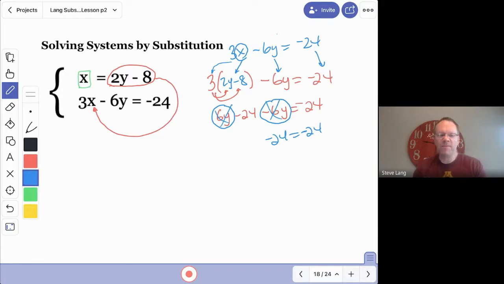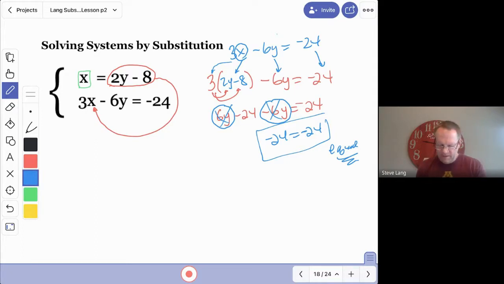Does anybody remember? What's the answer when you get something at the end like that? You could type it in the chat if you want. What's the solution to this? Anybody remember? What happens if you get something that's equal at the end? All right.